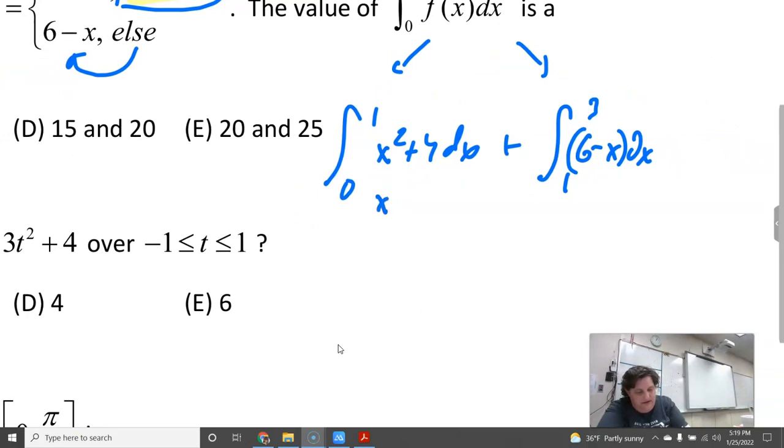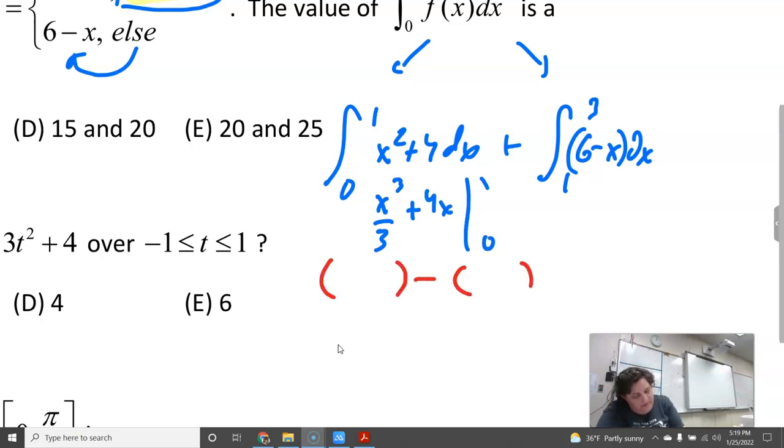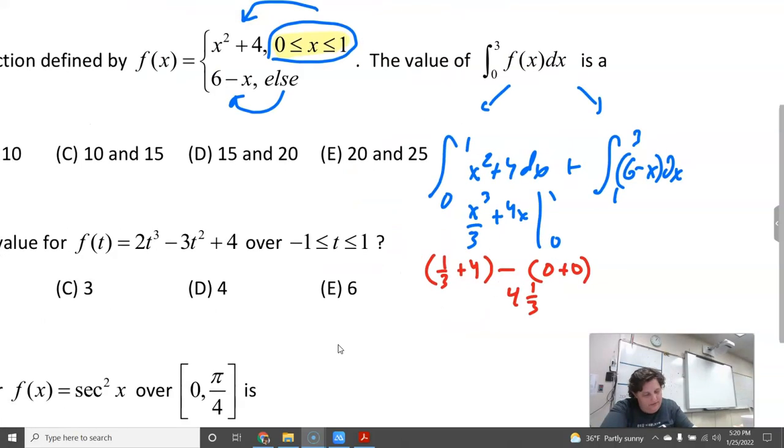That's fine. I'm going to go x to the third over 3 plus 4x from 1 to 0. Okay. Top minus bottom. 1 over 3 plus 4. 0 plus 0. So for this one, I get 4 1/3. Right now, I'm just going to call it 4 1/3. If I need to fix it later, I can, but 4 1/3.